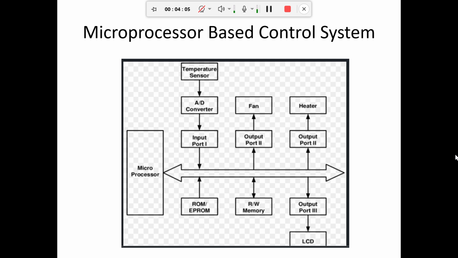Then you might have seen the address pins A0 to A15 in 8085. Address pins are to get a particular data from a particular register. How will you address it? That addressing is defined with the help of the address pins.